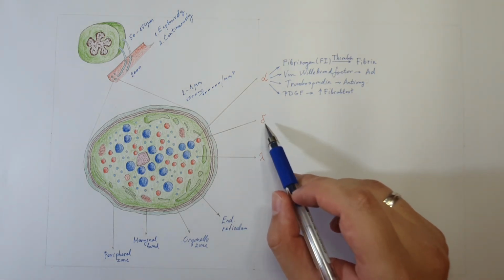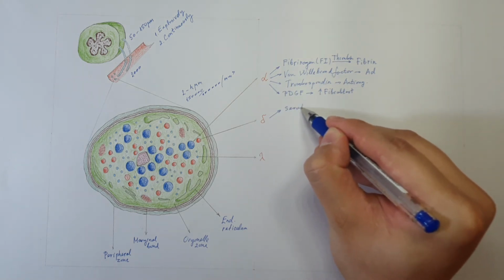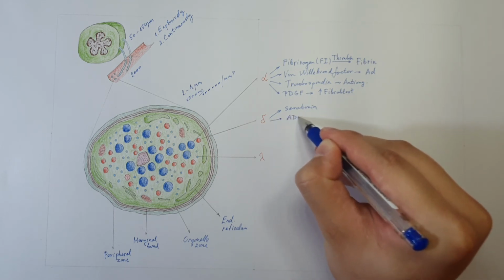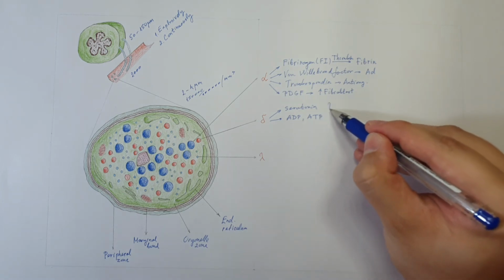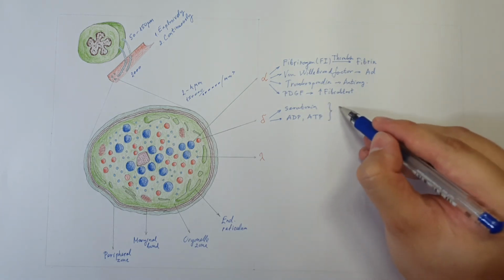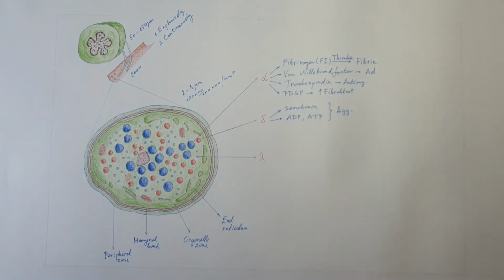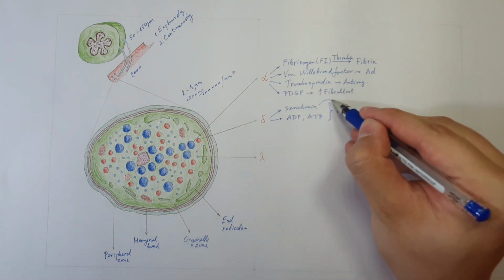The delta granules have in them serotonin, and molecules like ADP and ATP, and these molecules are important in facilitating thrombocyte aggregation. Serotonin has many functions, but it also has a function of vasoconstriction.